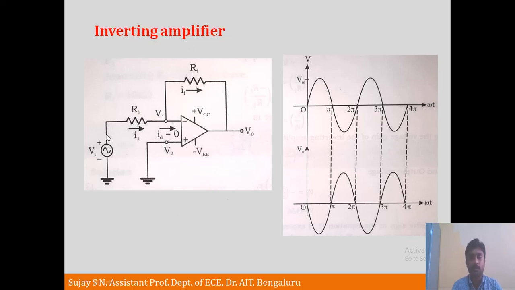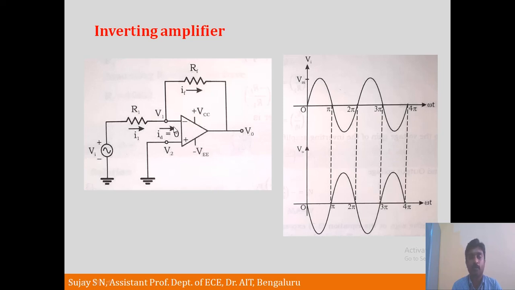Because the signal to be amplified, Vi, is applied to the inverting input terminal of the Opamp, and the non-inverting terminal is grounded. There will be a limiting series resistance R1, and negative feedback is given through the resistance RF. Current flowing through R1 is I1, and current flowing through RF is IF.